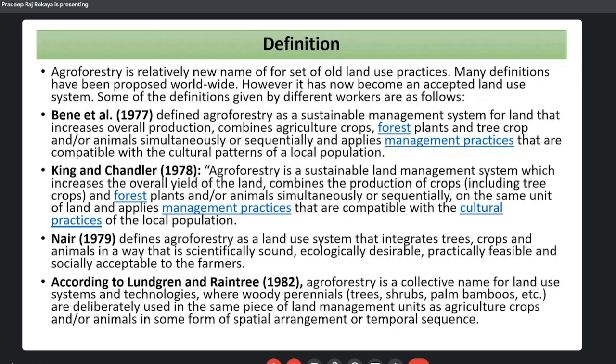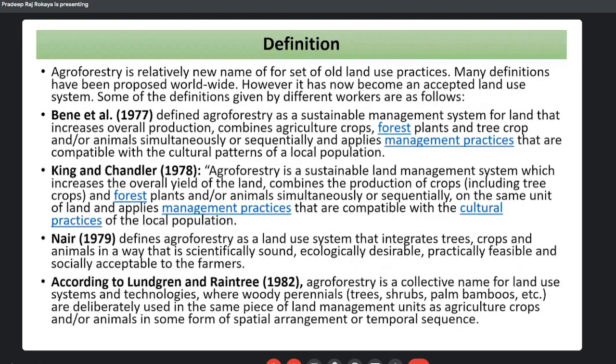King and Chandler defined in 1978 that agroforestry is a sustainable land use management system which increases the overall yield of the land, combining the production of crops, including tree crops and forest plants, and animals simultaneously or sequentially on the same unit of land, and applies management practices that are compatible with the cultural practices of the local population.